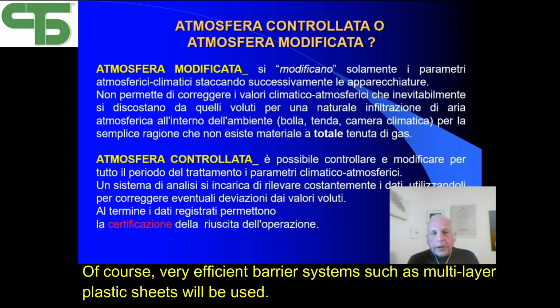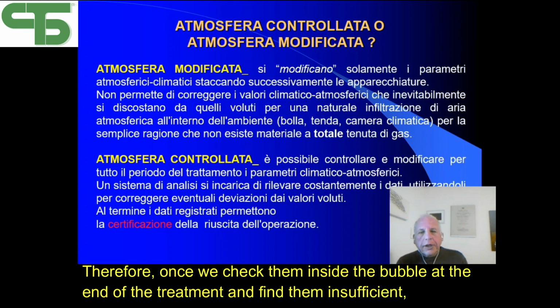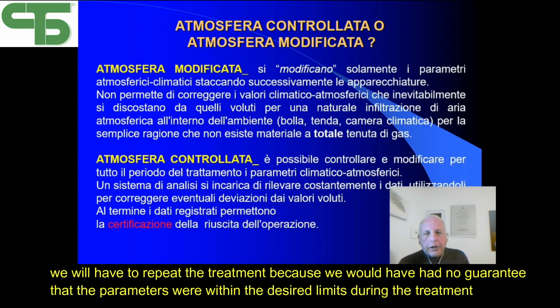Of course, very efficient barrier systems such as multi-layer plastic sheets will be used, but the risk that at some point the system fails to maintain the desired value is there. Therefore, once we check the values inside the bubble at the end of the treatment and find them insufficient, we will have to repeat the treatment because we would have had no guarantee that the parameters were within the desired limit during the treatment.